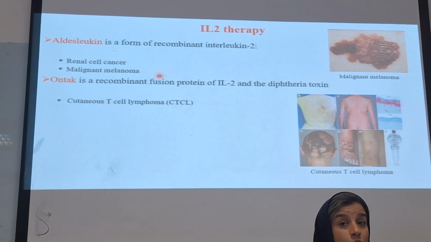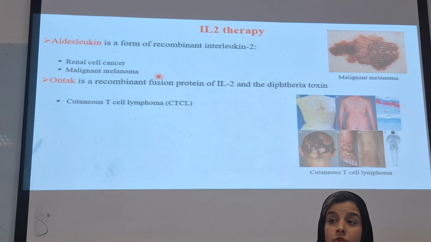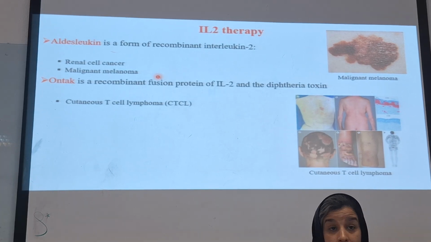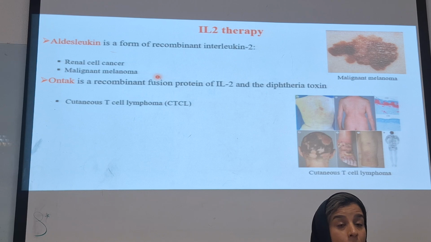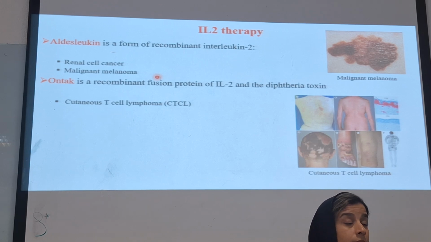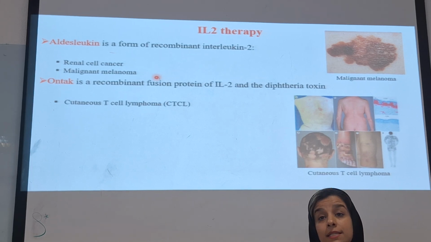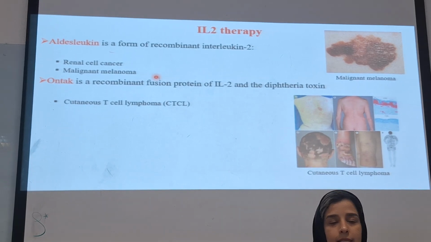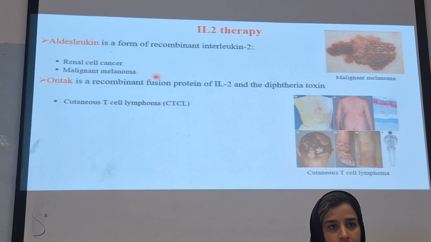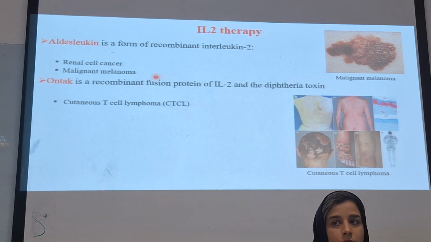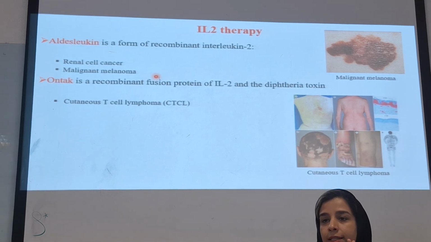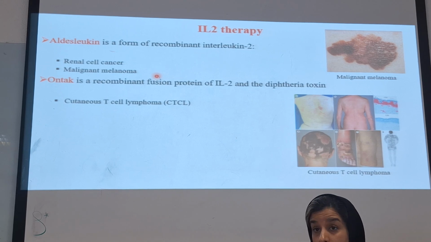Because I told you interleukin-2 is important for T cells. T cells, as part of our adaptive immune system, are a leader of our immune system and are very, very important for deleting and killing tumor cells.